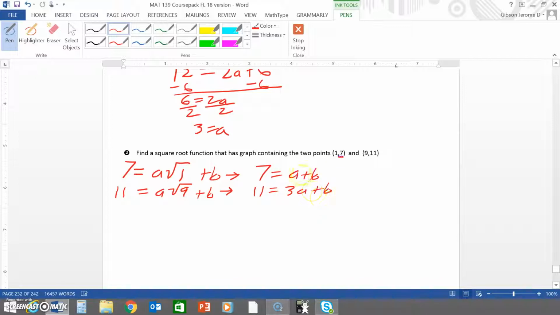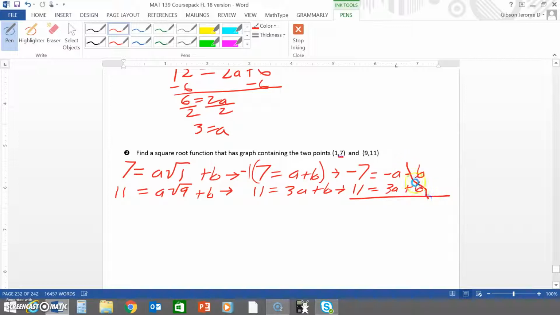Let's get rid of the b and solve for a. So I will multiply the top by negative 1. Then negative 7 is equal to negative a minus b, and 11 is equal to 3a plus b.